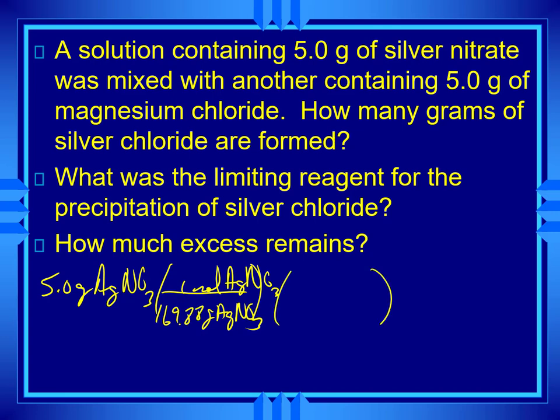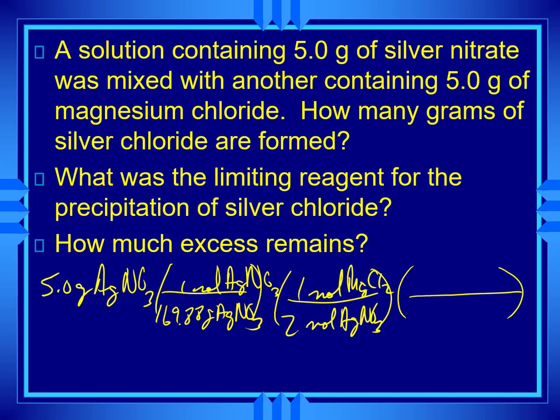I changed slides, so I have to use my memory. Then change moles of silver nitrate into moles of the other reactant, magnesium chloride. And that was 2 silver nitrates for 1 magnesium chloride. Then change the moles of magnesium chloride to grams of magnesium chloride. And 1 mole was 95.21 grams.